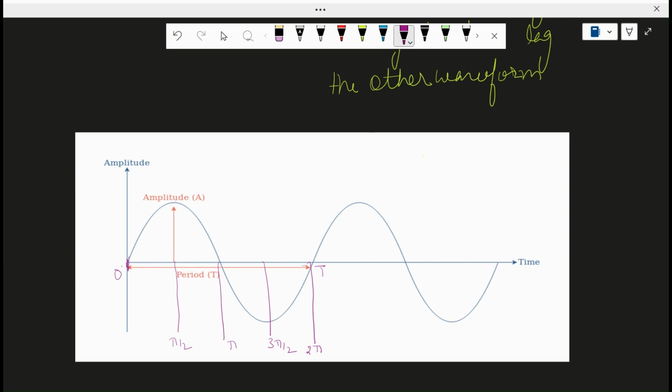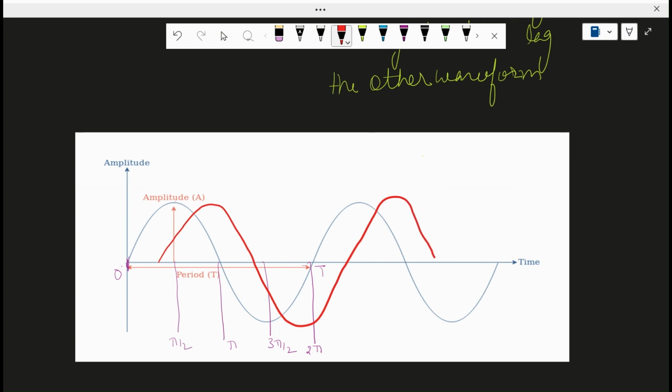So here is another wave, let this be another wave which is following a certain path like this.